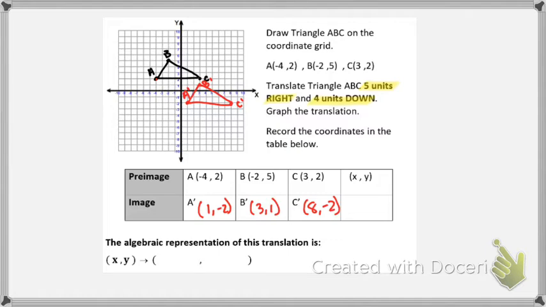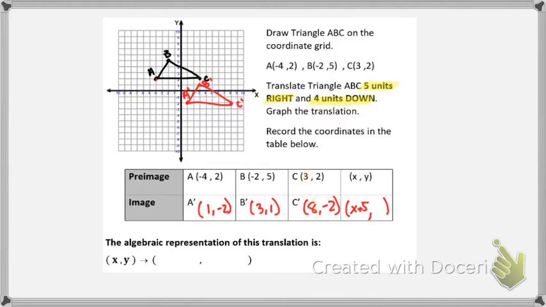Okay. So that means for the x's, from -4 to 1, we added 5. So I'm going to put that for my x's, we're going to add 5. And you can test it on each one. From -2 plus 5, we get 3. 3 plus 5, we get 8. Right, so we added 5 to the x's.